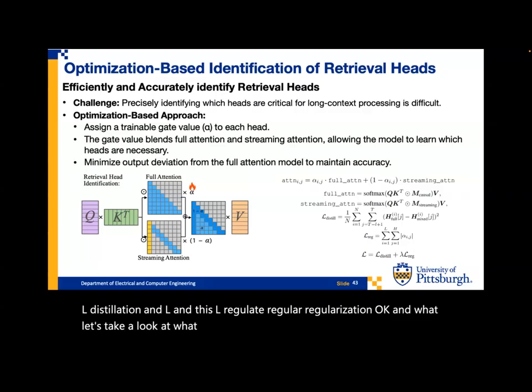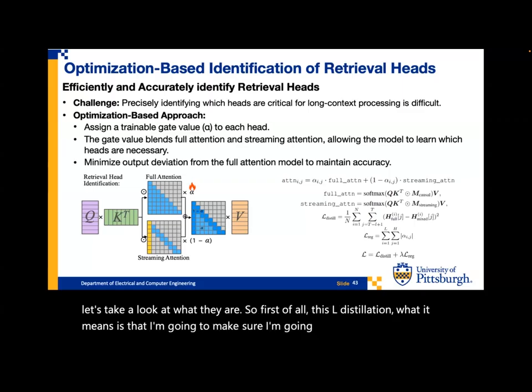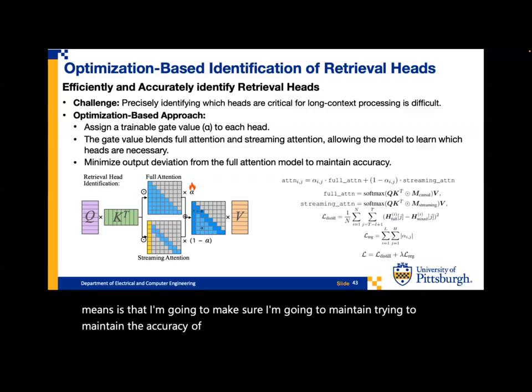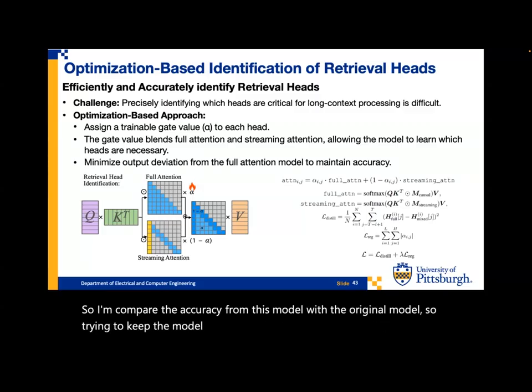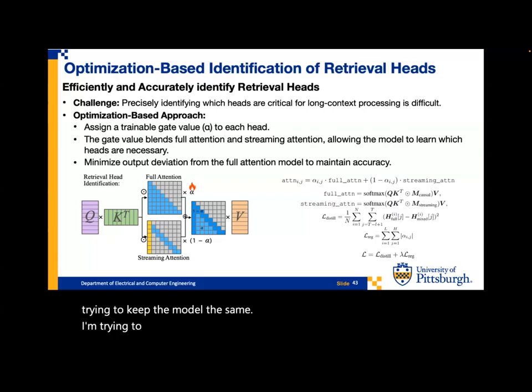First of all, L distillation means that I'm going to try to maintain the accuracy of the model as much as possible. So I compare the accuracy from this model with the original model, trying to keep the model accuracy the same.